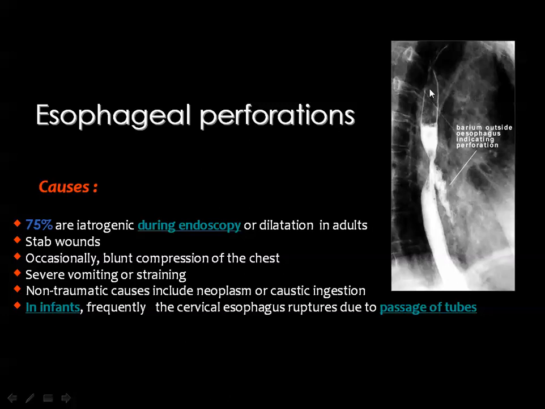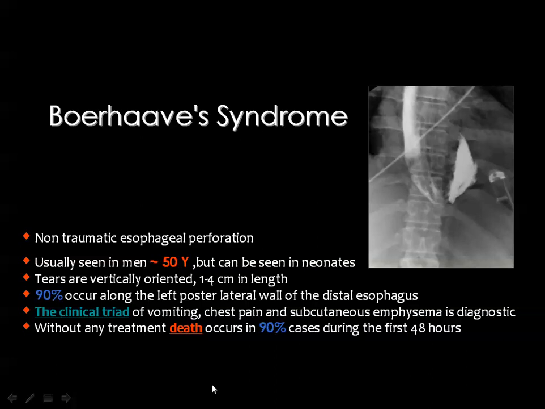Then this is the barium swallow, and you can see the site of perforation with extraluminal passage of the barium into the mediastinum. And this is also esophageal perforation, and this non-traumatic esophageal perforation is usually seen in men around the age of 50 years, but it is also seen in the pediatric age group.